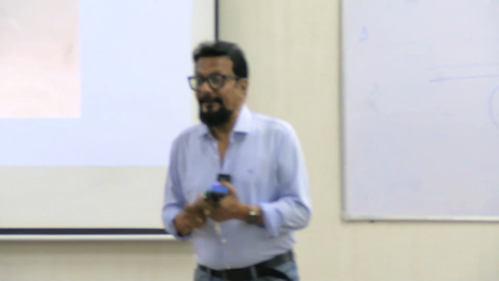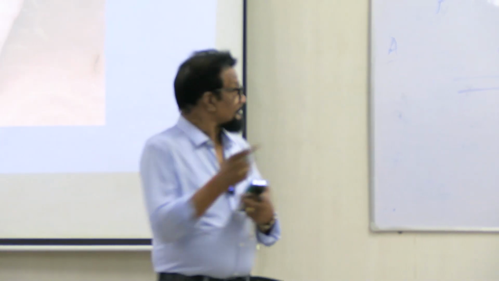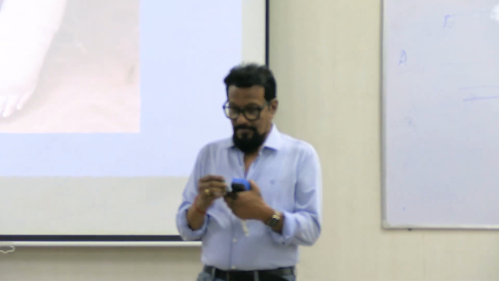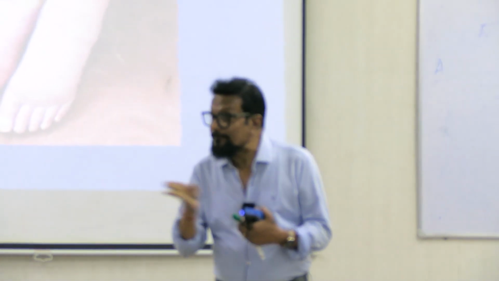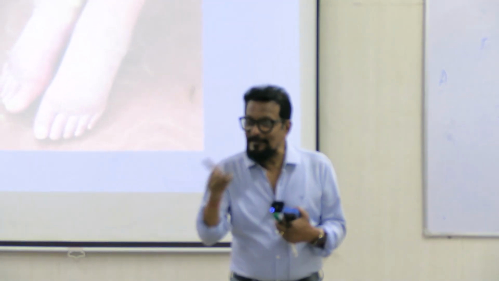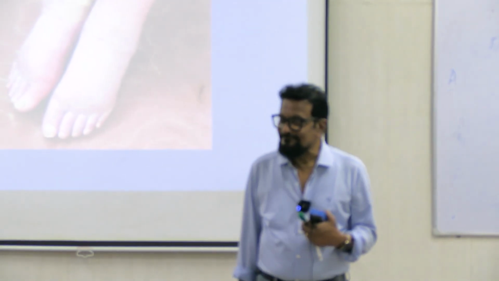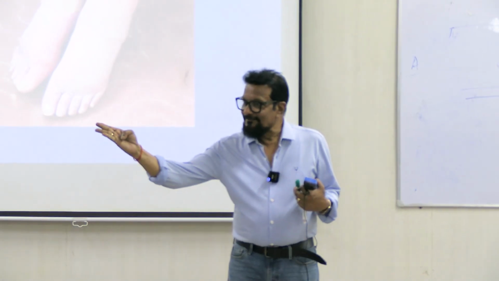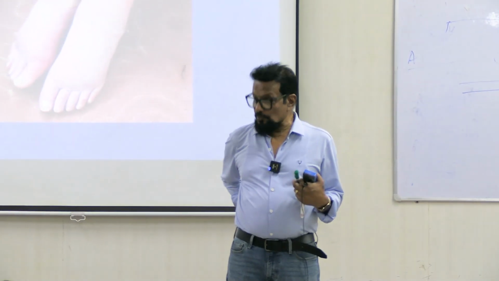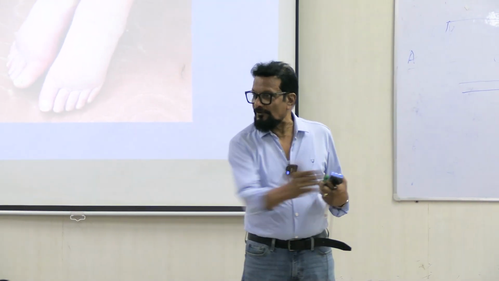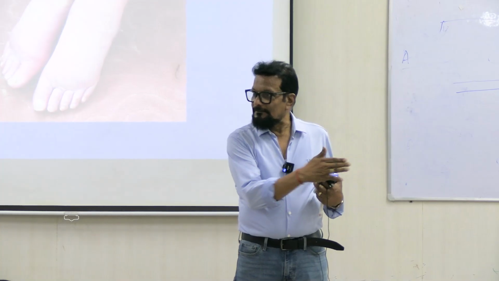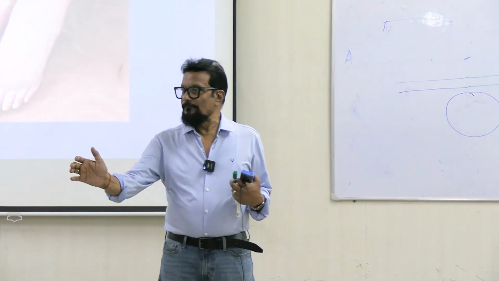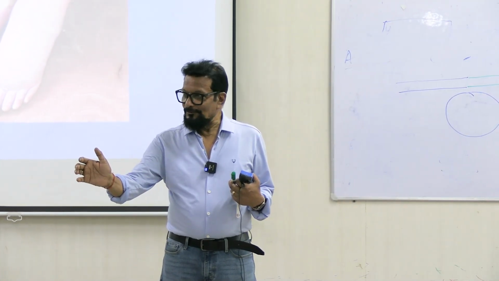In the arterial end, blood is flowing, and this blood must have a pressure. Otherwise, how will it flow? If somebody doesn't push you from the back, will you go forward? You are inert. Somebody has to pull.